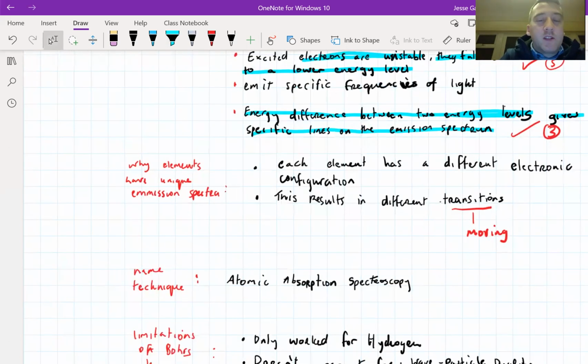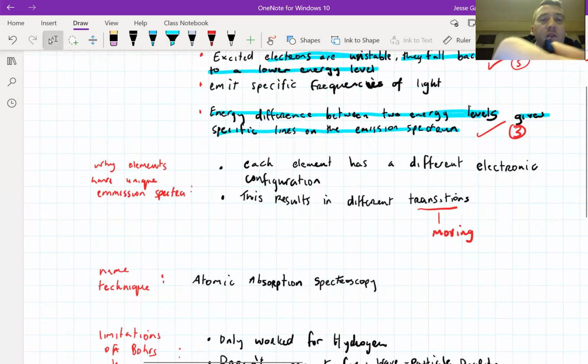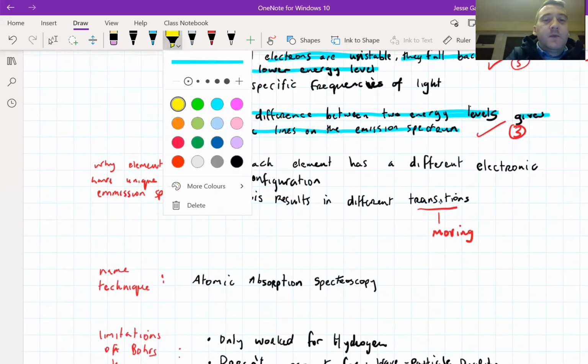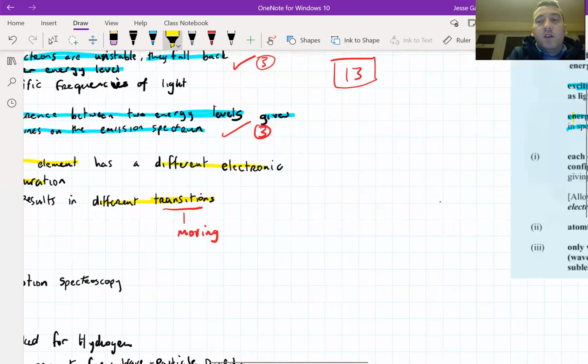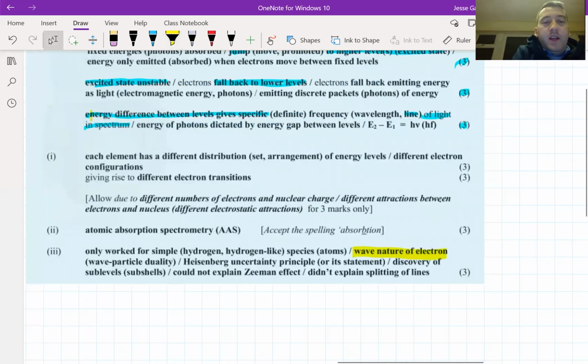Next one, why do elements have unique emission spectra? So what have we said? We said that each element has a different electronic configuration, and this results in different transitions. Okay, so let's look over here. Each element has a different distribution. Well, we used this one over here, different electron configurations.